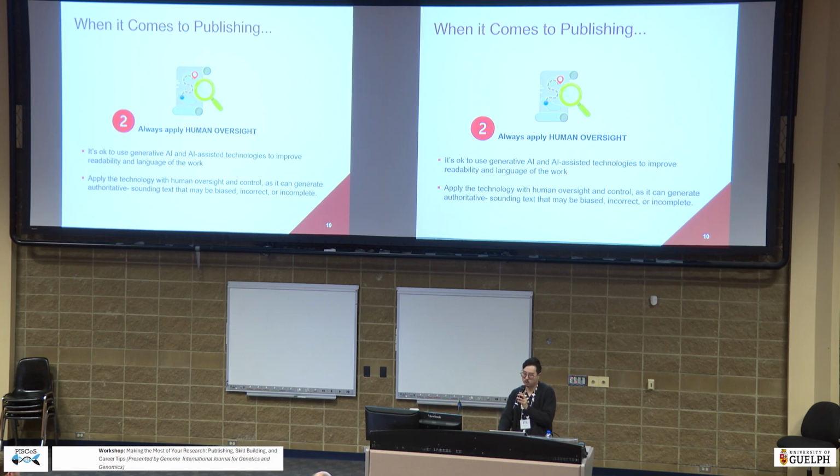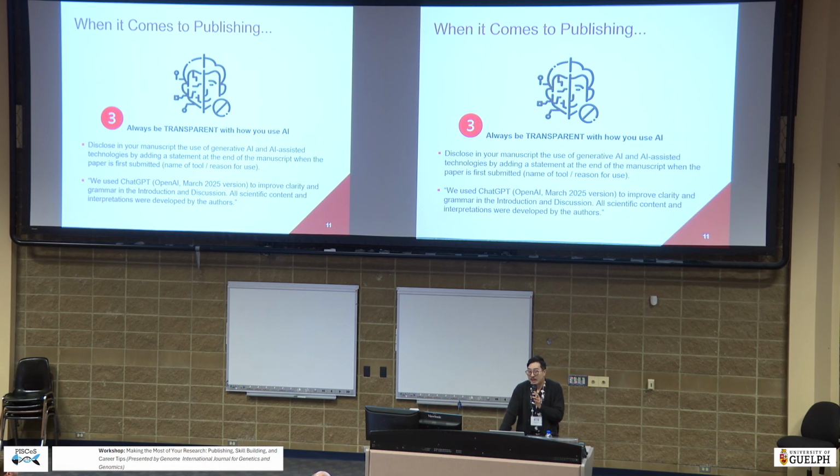And I know no one in this room is going to be trying to do anything unethical, but you just don't want to be put in that position to begin with. But if you are using AI, and that's not to say you can't use AI, it's best for you to just be open about it.